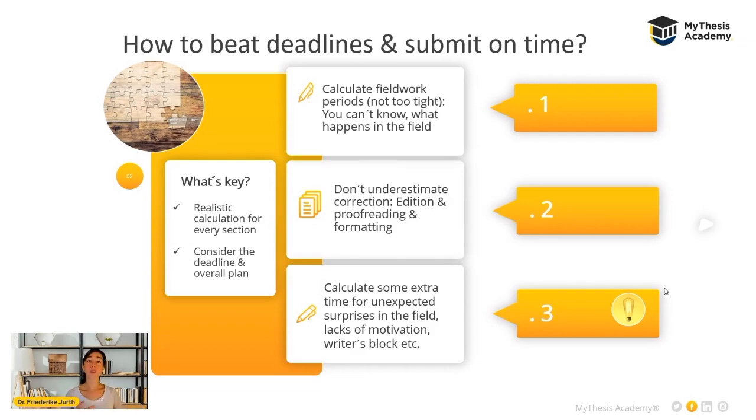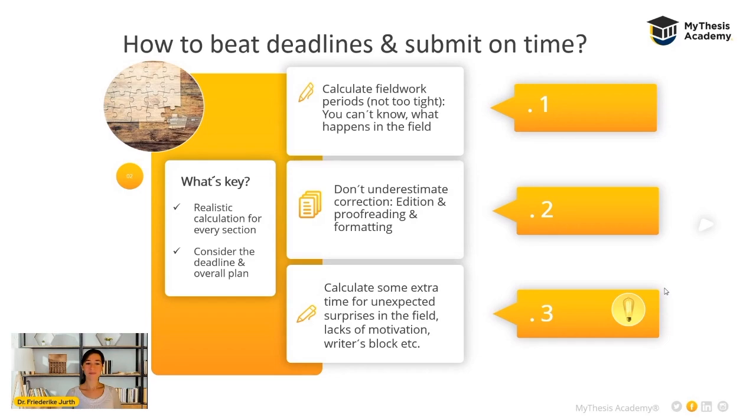And that you also consider the deadline for your overall plan. So if you can create yourself a deadline for all the 6 sections that I presented you, and try to calculate some difficult sections where you maybe don't have a concrete idea of how much time they can take you, with a little bit of extra time, like with a time buffer, as I said.